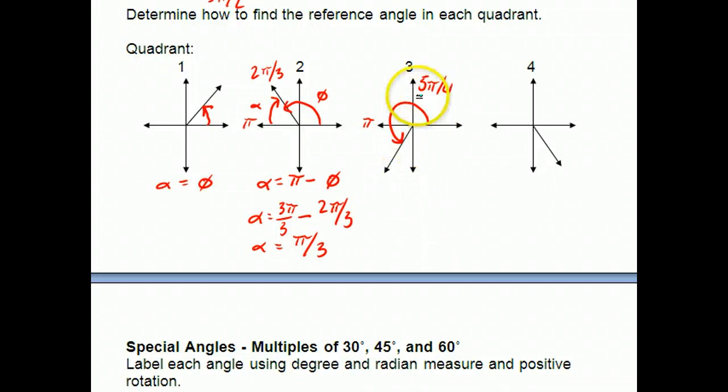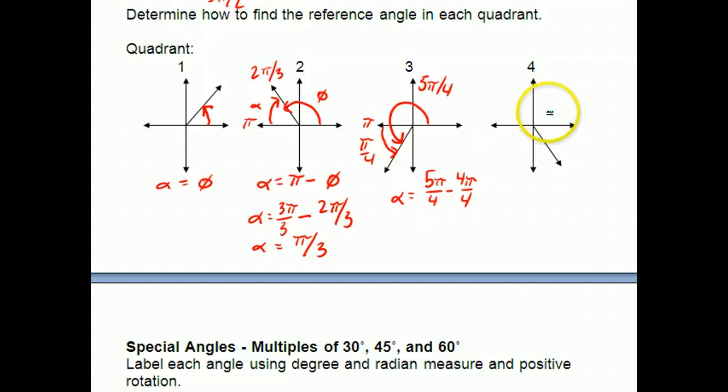So what I want to do is take this whole angle, 5 pi over 4. My reference angle is going to be the whole thing minus pi. So pi is the same as 4 pi over 4. So my reference angle for this right here is going to be pi over 4. Okay, that's the acute angle, right?